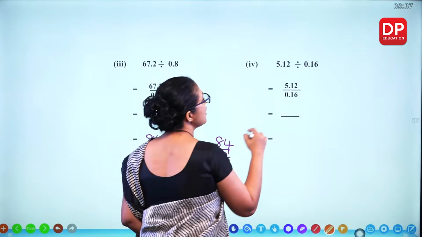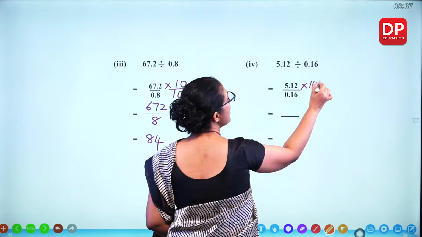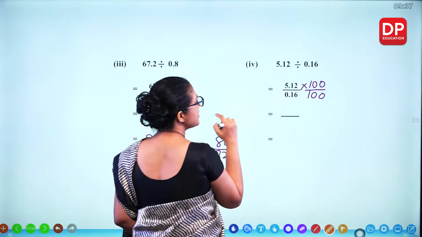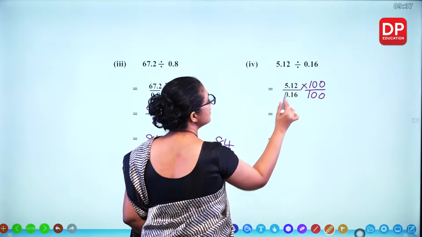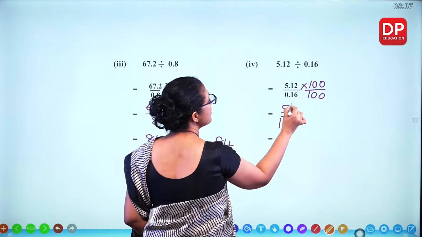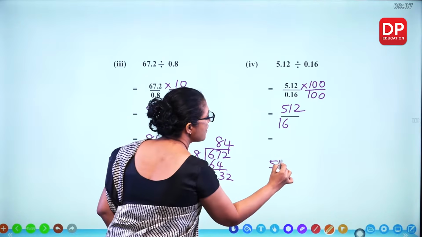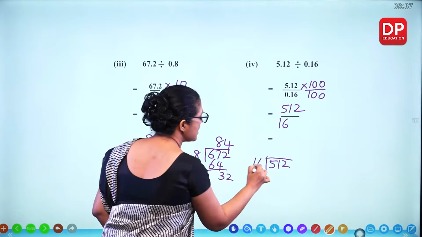5.12 divided by 0.16, multiply by 100 to get rid of the decimal point in the divisor. 16 there. When you multiply by 100, 512. So, 512 divided by 16.